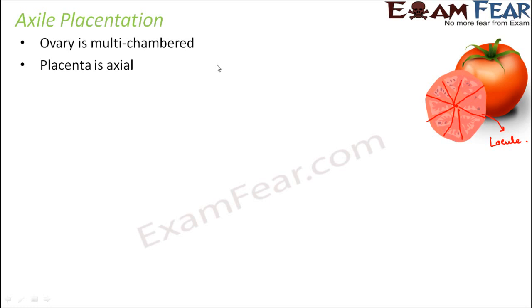So if I diagrammatically try to show this, this would be somewhat like this. Now the radial spokes will actually divide the ovary into septum. So each of these boundaries which actually divides it into parts is known as septum, and each of these portions is known as locule.